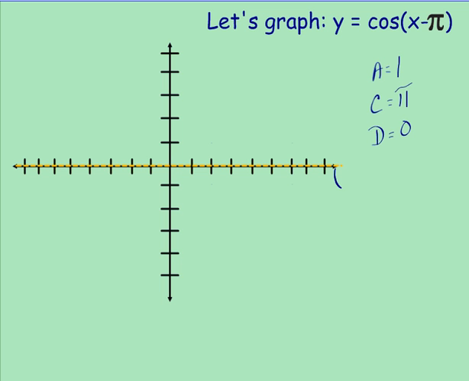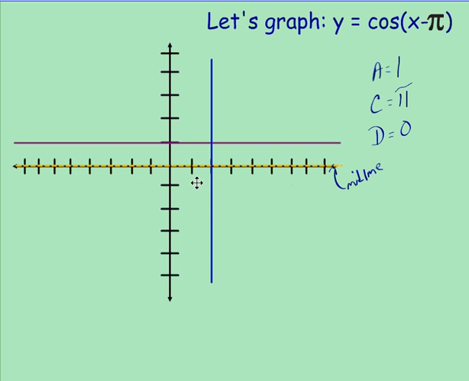Our second step is to do our amplitude or our maximum and our minimum, which our maximum is 1 above our midline and our minimum is 1 below our midline. Because our amplitude was 1. Now what I accidentally clicked a moment ago was actually where we're going to start. We're going to start at our C value, which is pi.